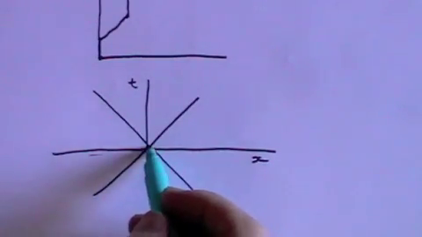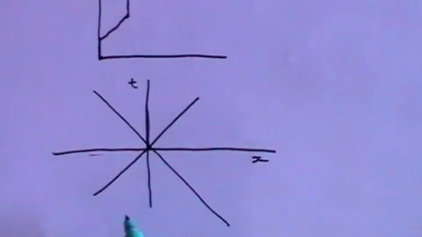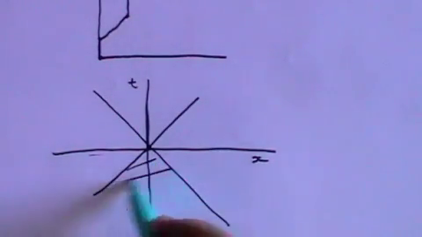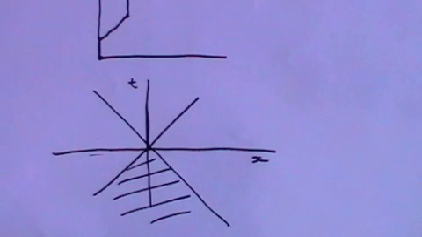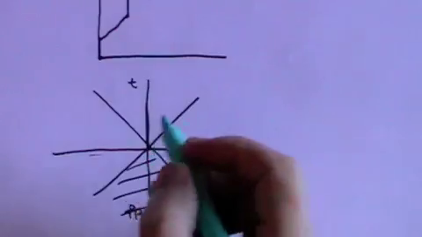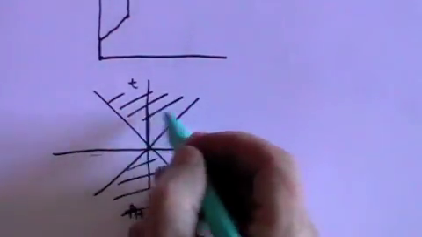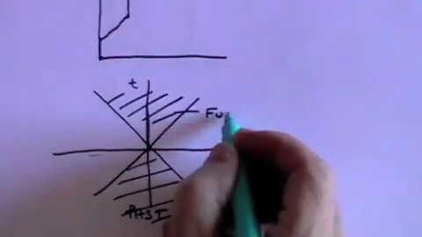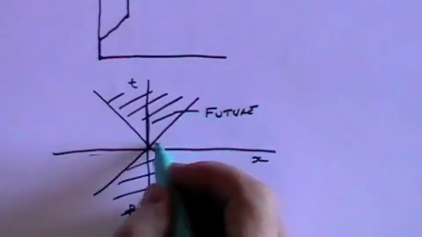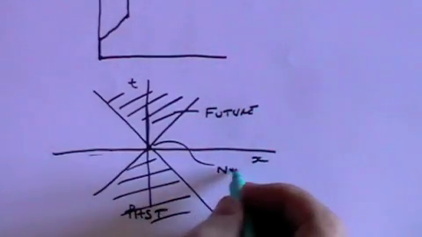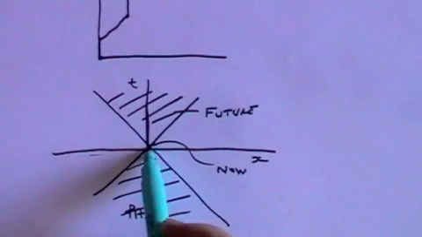And of course you have to travel forwards in time. But this area here represents the past. And this area here represents the future. And this point here is now. So I am at this location in time and space now.